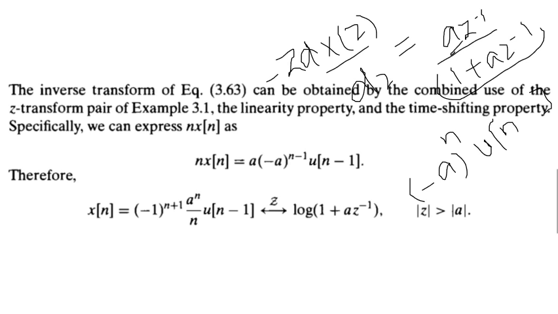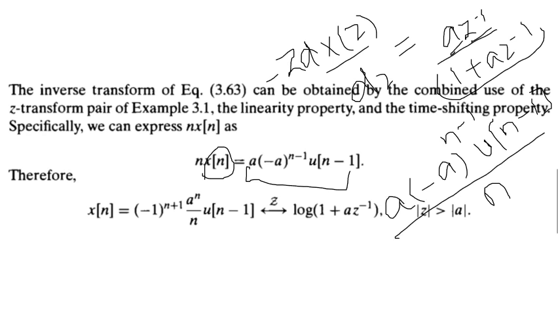Now this is a scaling, and this z inverse is a delay. We got this expression, but we have to find x[n], so we divide the whole expression by n and simplify. This is how we can use the differentiation property to find the inverse z transform of a non-rational function.